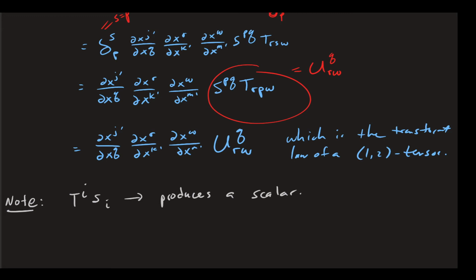An invariant, actually. Doing an inner product of a contravariant vector and a covariant vector: T is the contravariant because it has one index up, S is the covariant vector because it has one index down. Doing that inner product produces an invariant, a scalar. Super important.